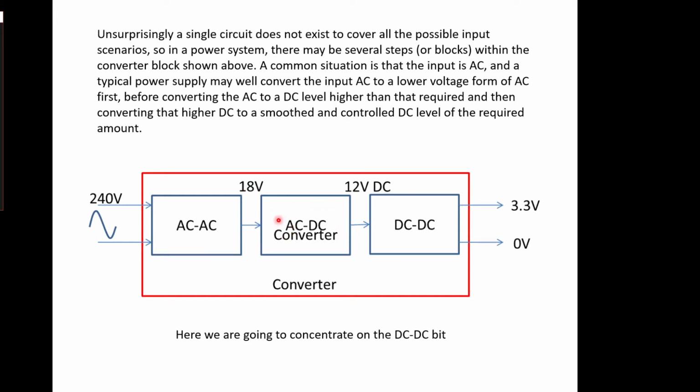This takes our AC and squashes it down into a sort of DC, but it's maybe not well controlled, might be a bit lumpy, but it's still DC of a form. Then we have a final DC to DC conversion, which takes this reasonably well controlled input and converts it down to 3.3 volts, which is really well controlled. And this last bit is the bit that we're going to be concentrating on here, because this is a transformer and this is a rectifier, and this is the clever bit.